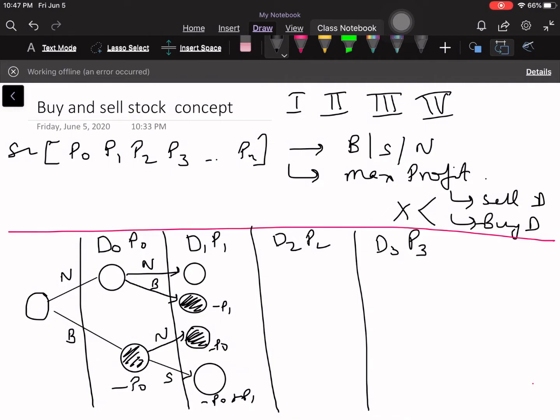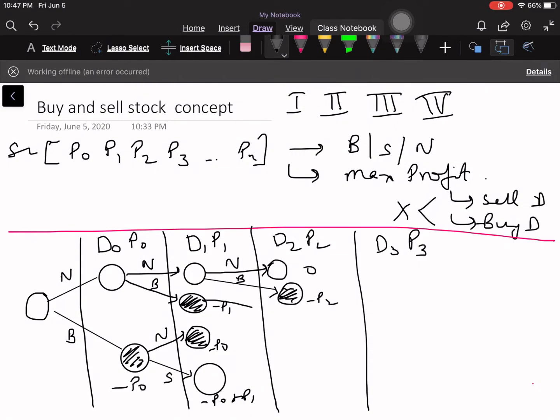Now let's go to day 2. If you are in the first part, we can do nothing again, or buy the stock. In this case the profit is minus P2, and this one is still 0.